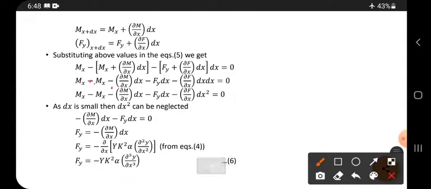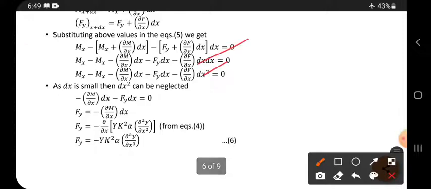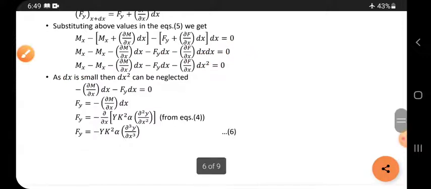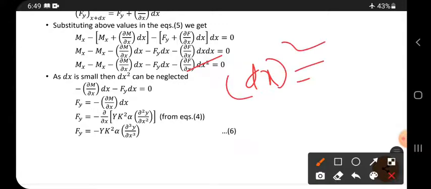Here it is minus, all are minus. Here dx into dx, dx into dx, here also dx. The dx square terms are the same thing, and these two get cancelled. The remaining factors are three; among them the last term can be neglected because dx is small and its square is very small, so that factor is completely neglected.